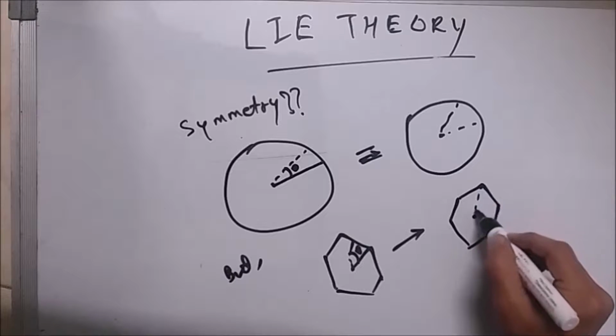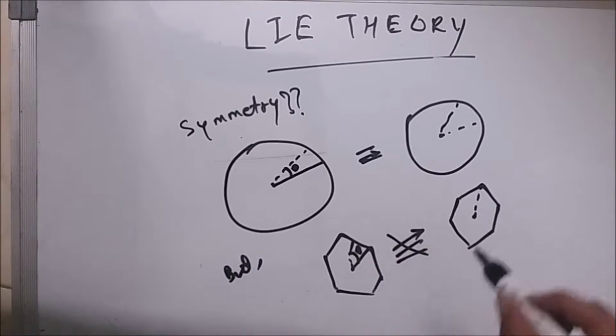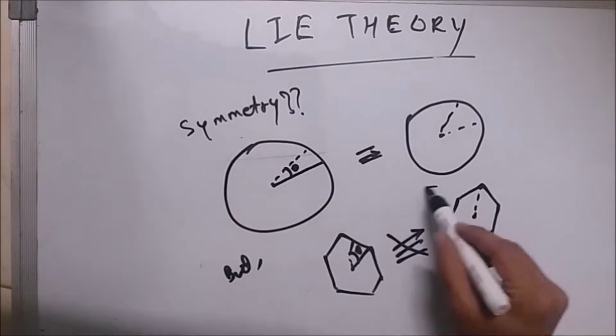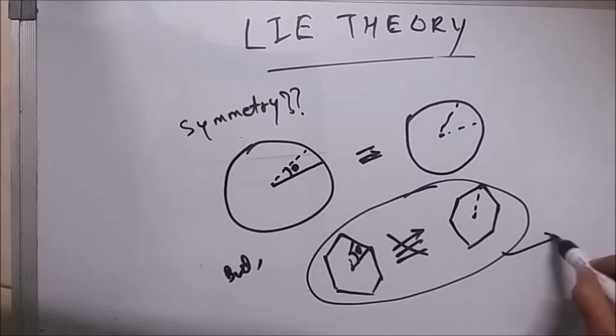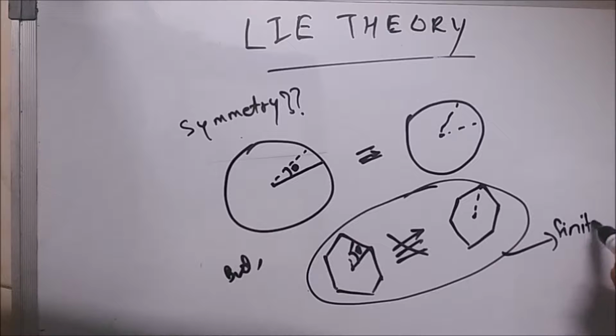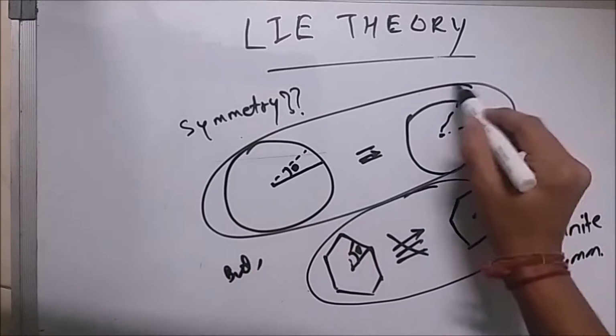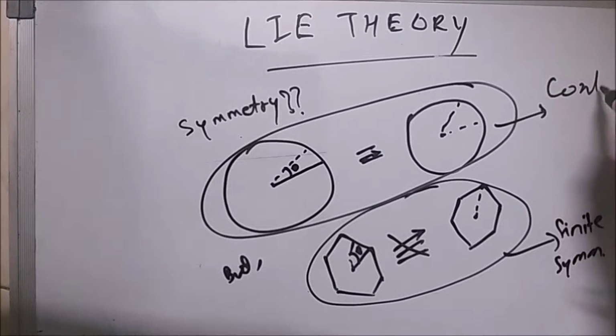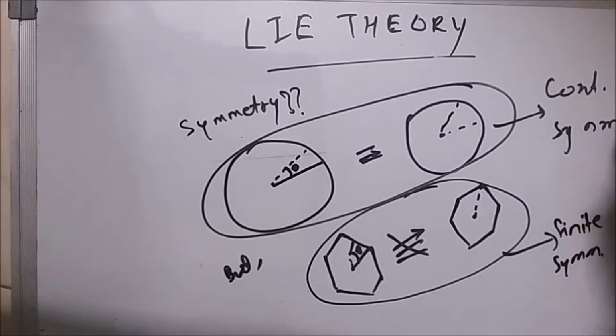So we can clearly see that these two figures are not congruent and the difference between them is observable. So the case of the hexagon is an example of a finite symmetry, and the case of a circle is an example of a continuous symmetry group.